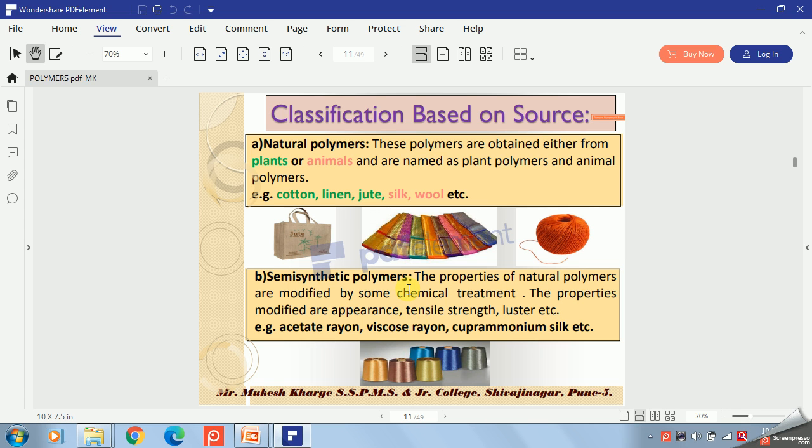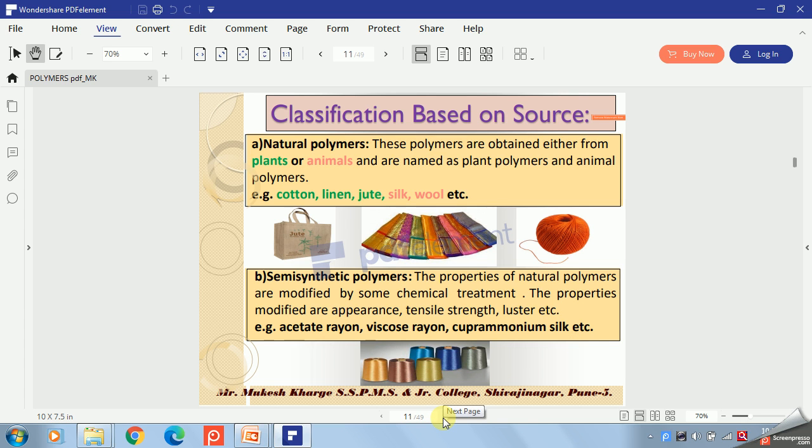They are natural ones, but a few properties which are not good in the natural way can be improvised in this type of polymers, and they are called as semi-synthetic. So examples are acetate rayon, viscose rayon, cuprammonium silk. These are a few examples of this type.